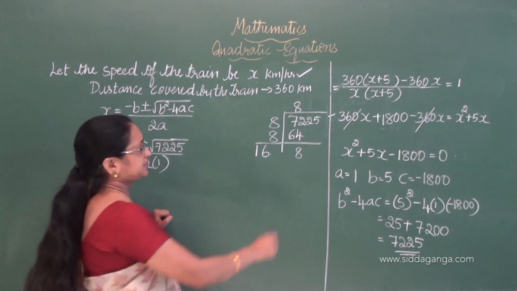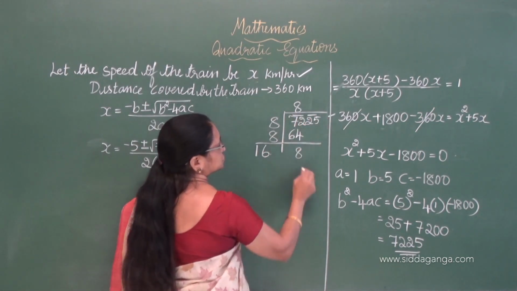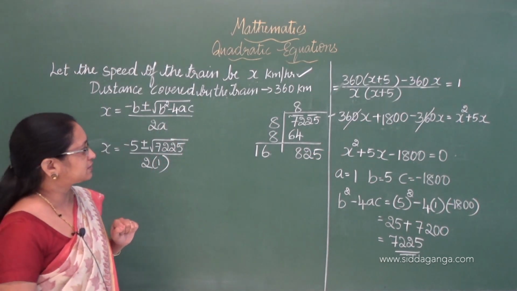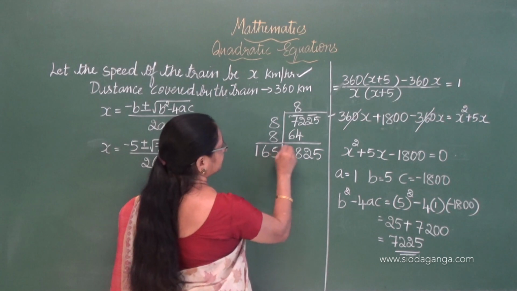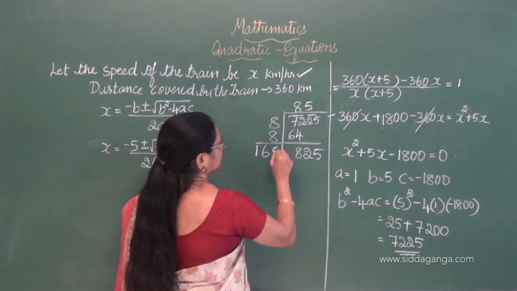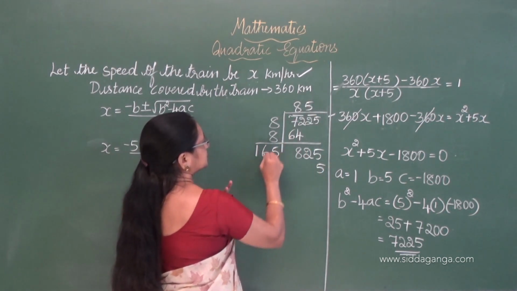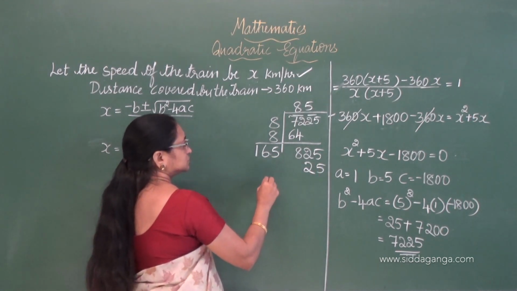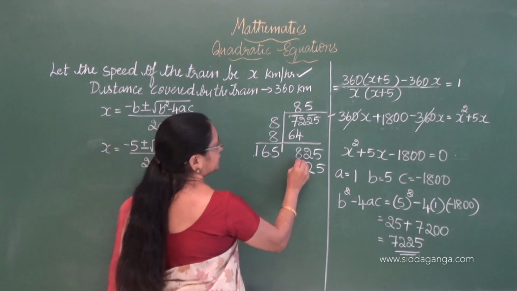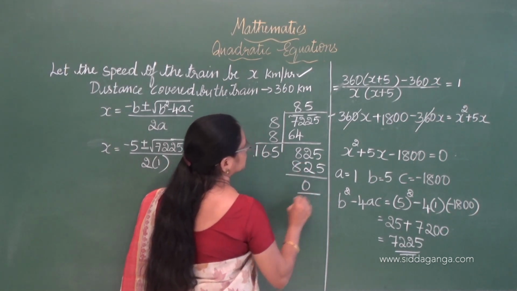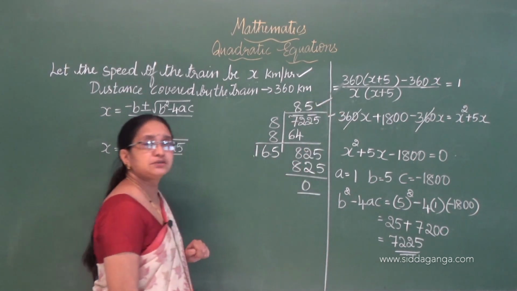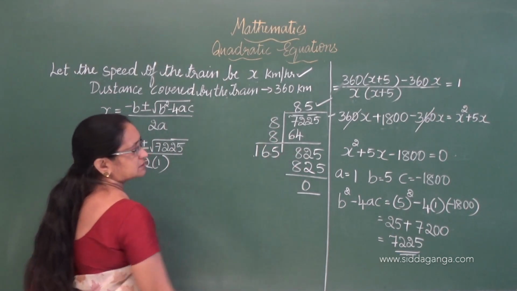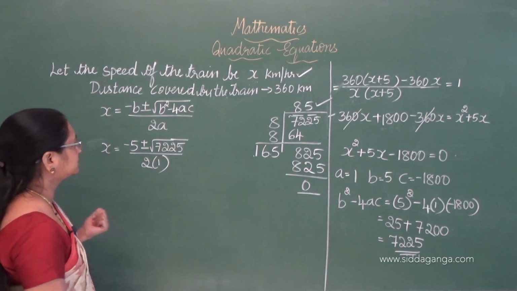Now 25, you should take 2 digits at a time. I'll put 25 now. So try with 5. 5 5s are 25, 6 5s are 30, 31, 32, 3, 5 1s are 5, 8. See, correct. So what is the square root? 85. You can do this method, or you can find it by factors also.